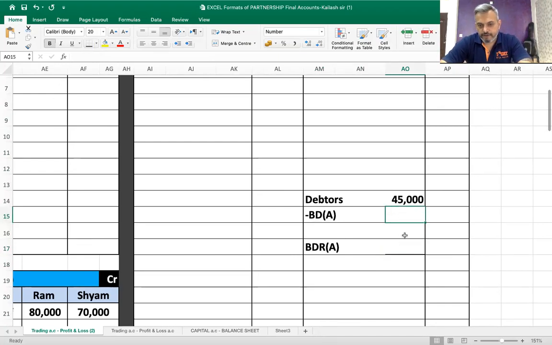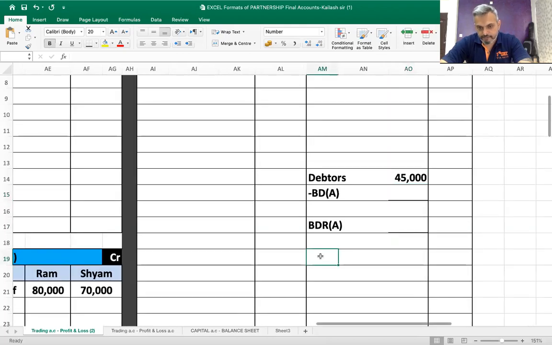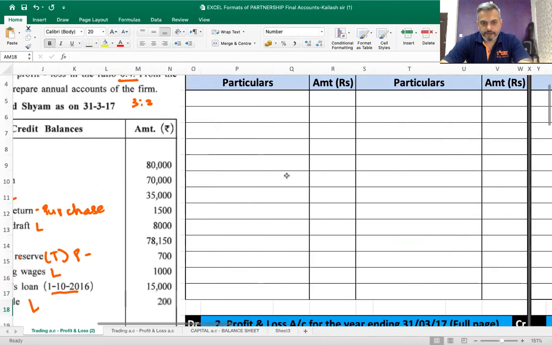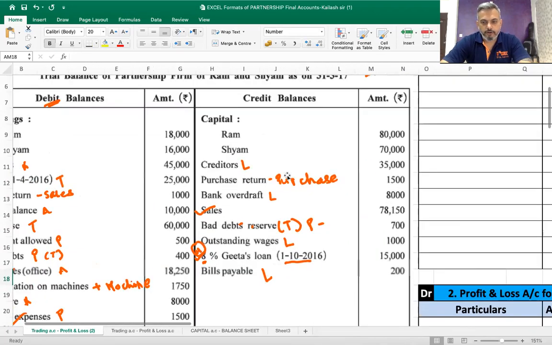If we have discount reserve, then again it will be deducted over here, minus discount reserve, okay. Debtors done, inner column, then stock, opening stock.